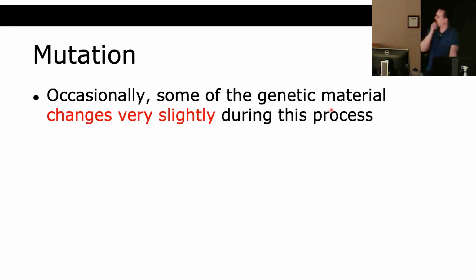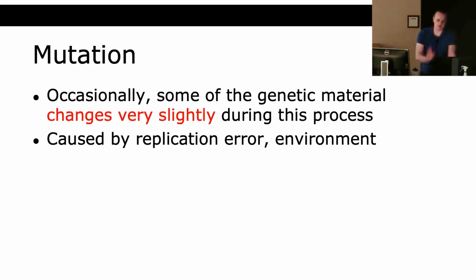Mutation. I slightly hinted at this before, but occasionally, some of the genetic material changes very slightly during this process. This can be caused by different things. So, the environment is a weird, tangly, messy thing. Sometimes the DNA that gets copied over is not copied perfectly, just like in a computer, so there can be replication error.